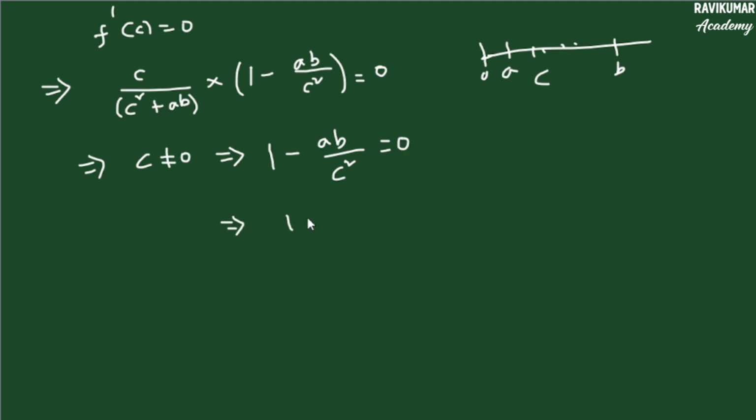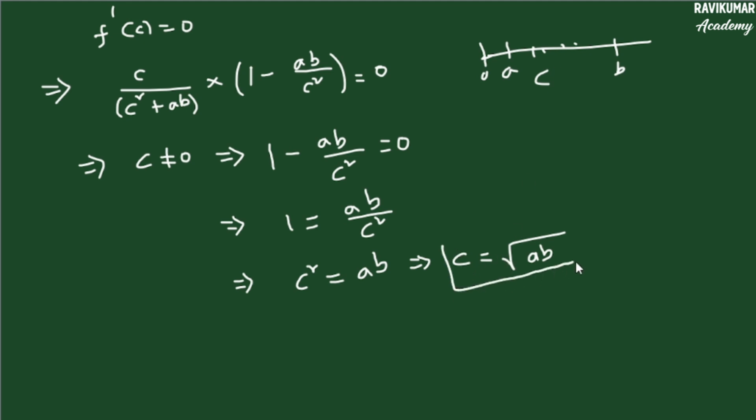This implies 1 equal to ab by c square. This implies c square equal to ab. This implies c equal to root ab. Of course, plus or minus root ab, but c is positive, so you need not take the negative root. So c equal to root ab. And we know that the geometric mean of a and b is root ab. And the geometric mean of two numbers must lie in between those two numbers.